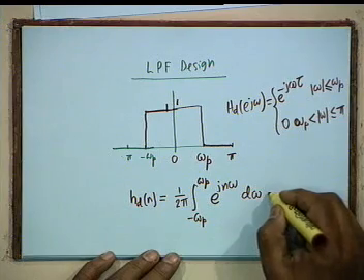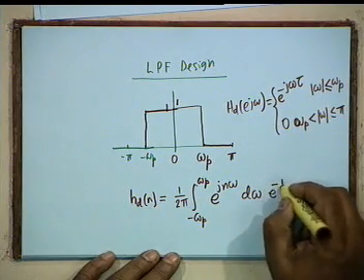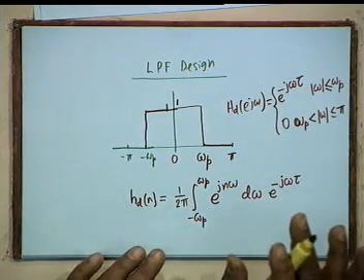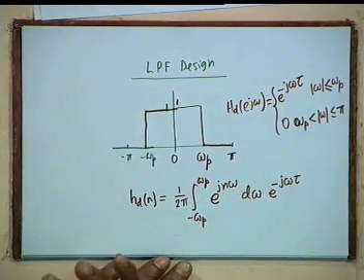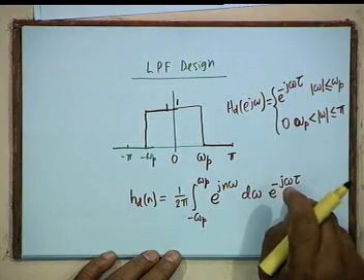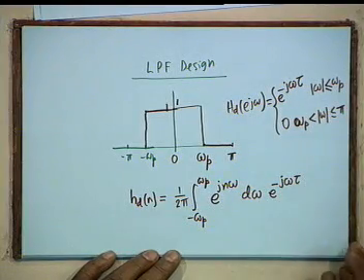Okay. Therefore, we must add a term e to the minus j omega tau. Do you understand what we are doing? We are assuming FIR design is resorted to only if linear phase is a constraint. So, we pre-assume that we are going to approximate a linear phase, all right.